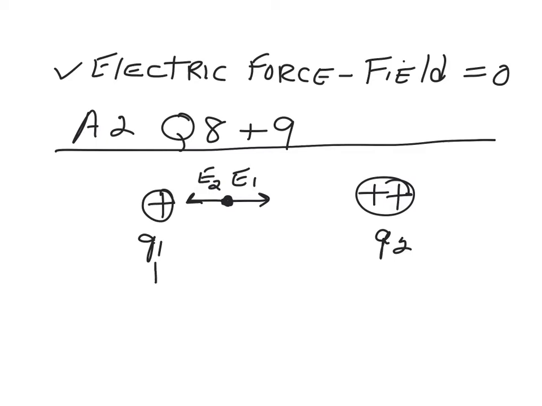So what you do is you label your diagram with the unknown x that you want, and the question prompts you to find the point as the distance from Q1, right? So I'm going to call that x. The distance between the charges we'll just call d.